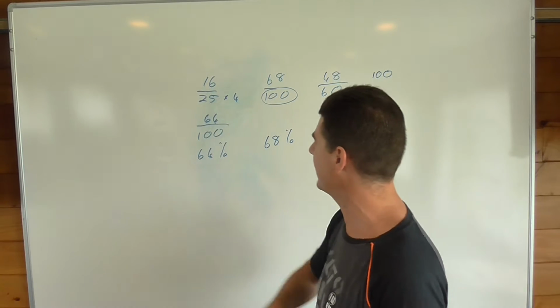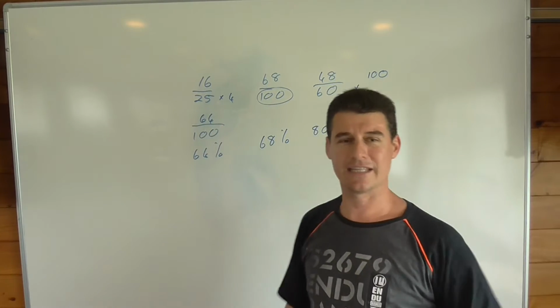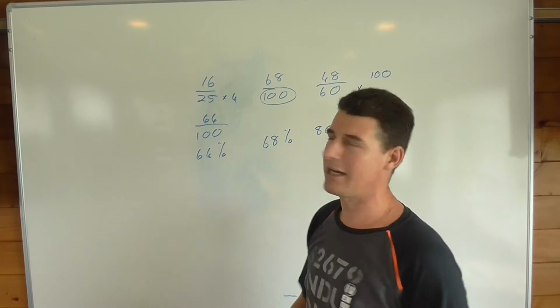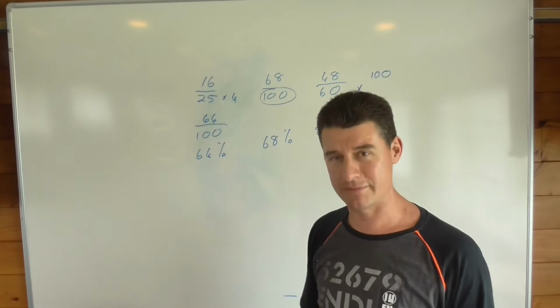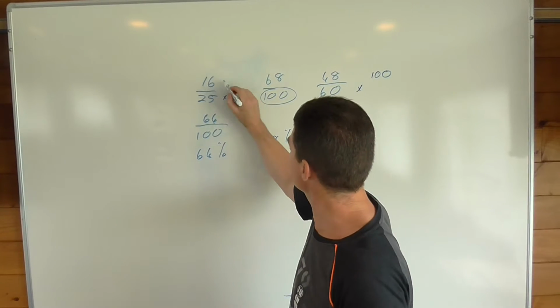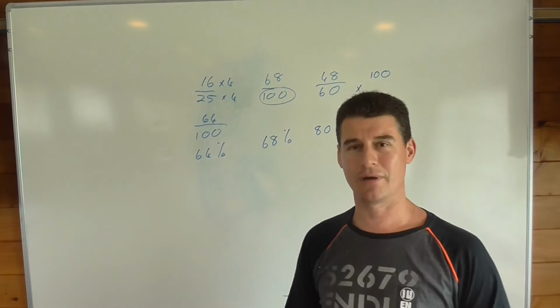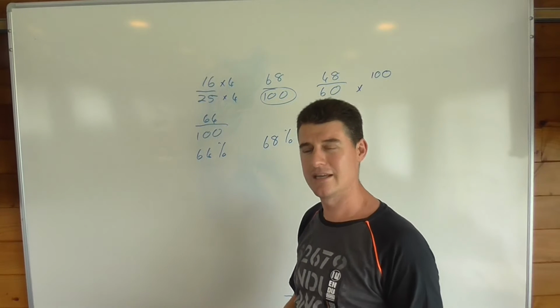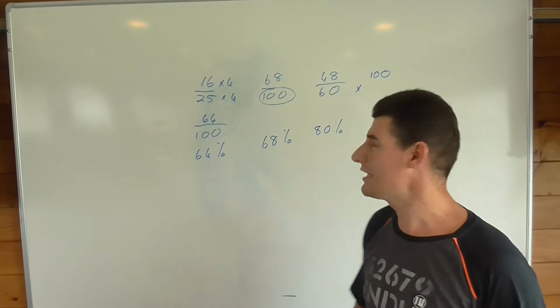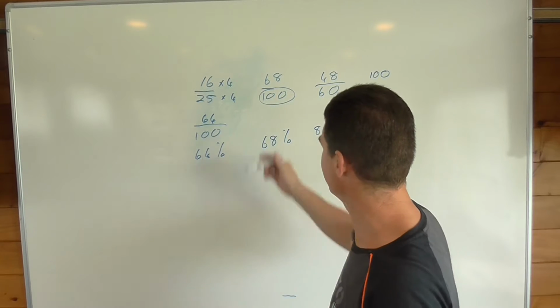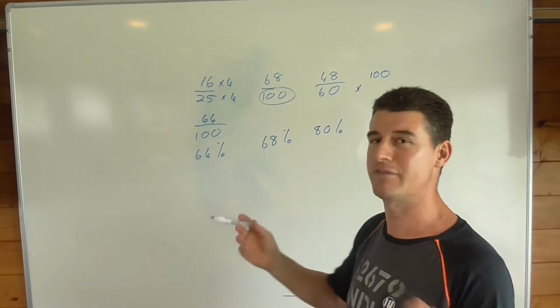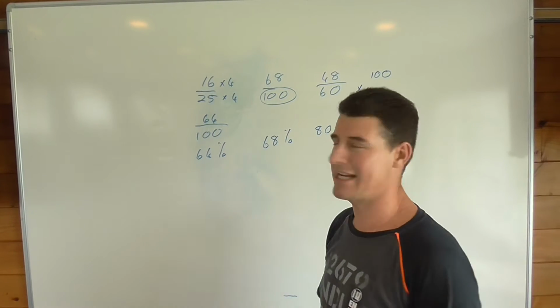So those are just a few ways from which you can calculate your percentages. Let's go through it again. If you've got something that is easily multiplied to get to 100, like 25, 25 times 4 is 100, so you'll just multiply 16 times 4 as well. Remember what we learned previously? Between your numerator and your denominator, you multiply them by the same number. If you multiply one, you have to multiply the other by exactly the same number.